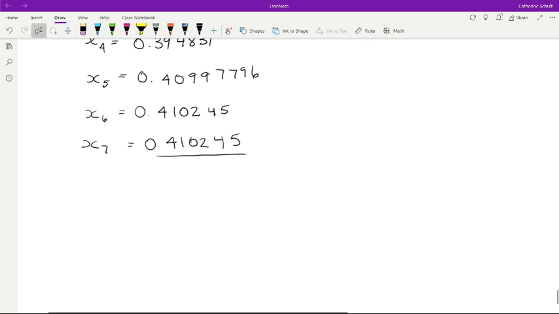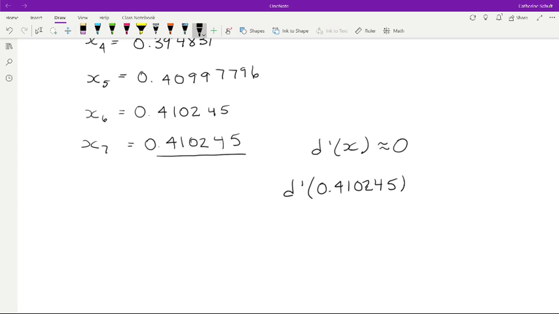So that is our way of approximating where the derivative is approximately 0. We're saying d prime of that critical number, 0.410245, is approximately 0. Okay, so that's the critical number. So that's the one that's minimizing the distance.